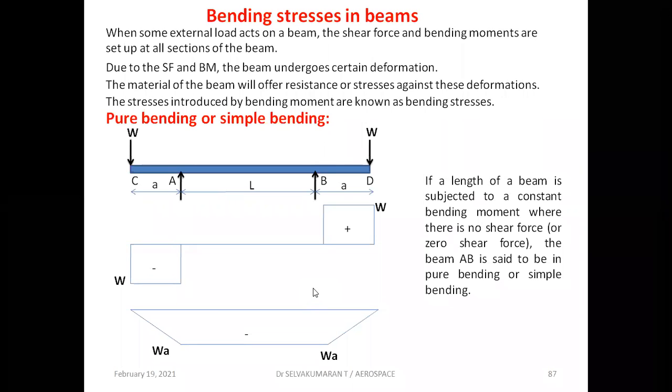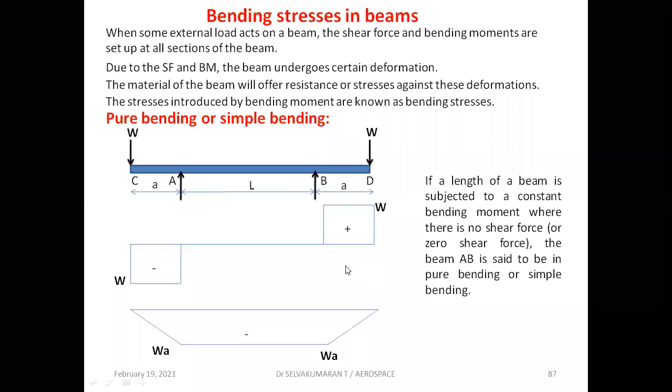So this is what pure bending or simple bending means: a portion of a beam for which there is no shear force, but it is subjected to a constant bending moment.